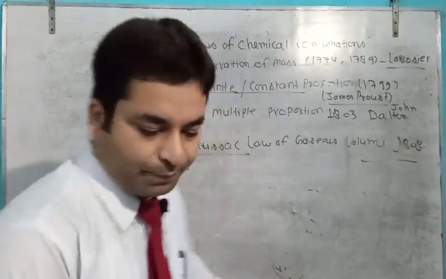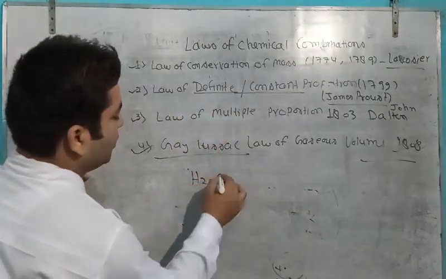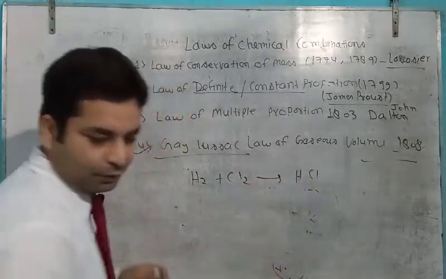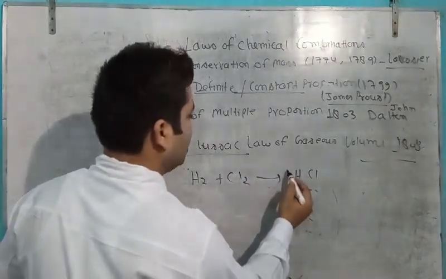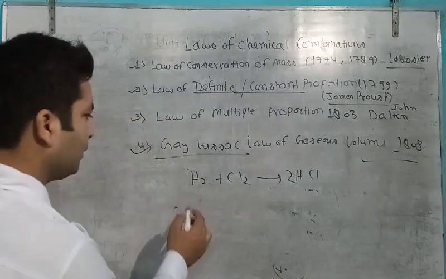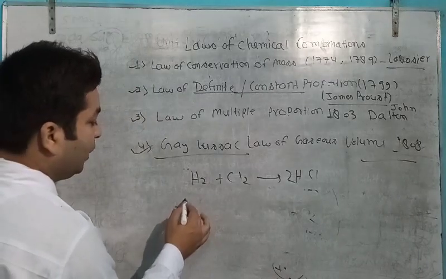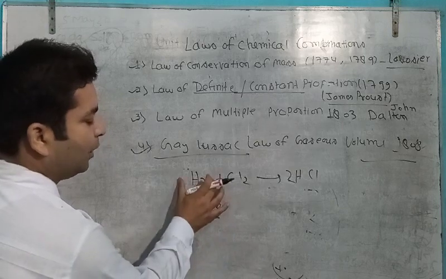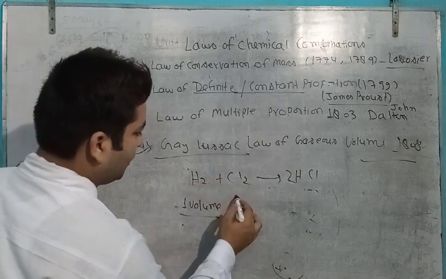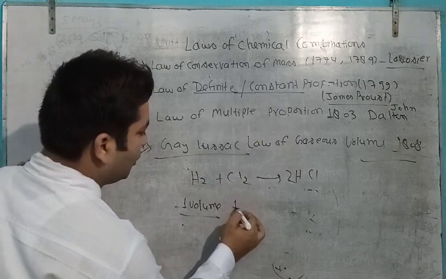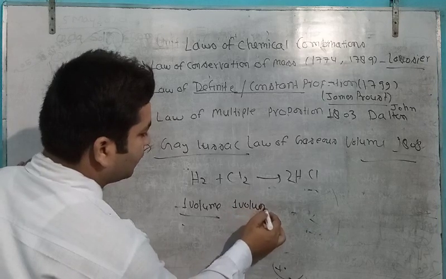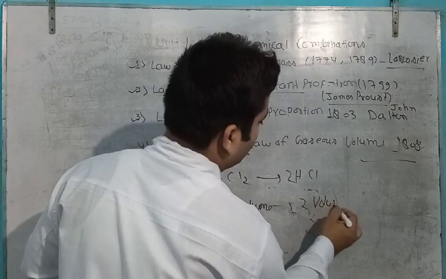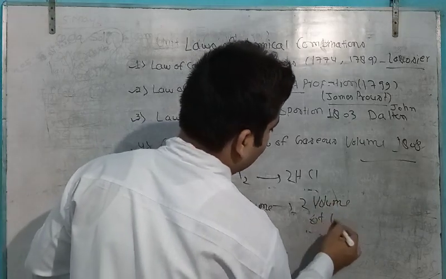For example, hydrogen and chlorine form HCl, and for balancing, 2HCl. Here one volume of hydrogen combines with one volume of chlorine and produces 2 volumes of hydrogen chloride.